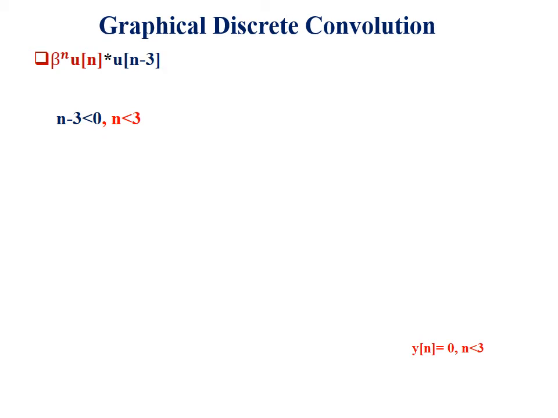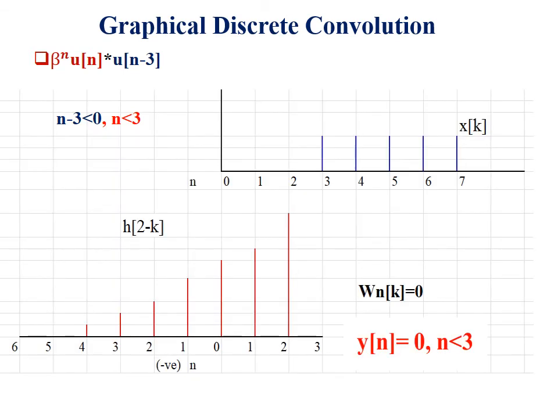Next, let us try to go on for the next stage when n minus 3 is less than 0, which means n is less than 3. We had already considered the case where it was at 2, that is minus 2. Now we are trying to slide this signal so that this signal lies at 2.